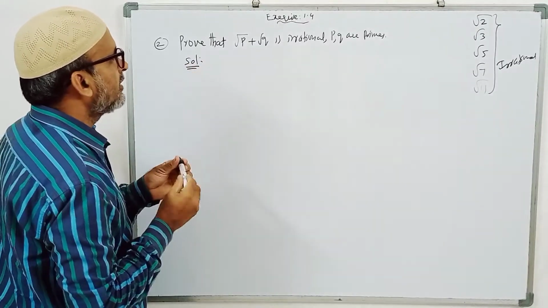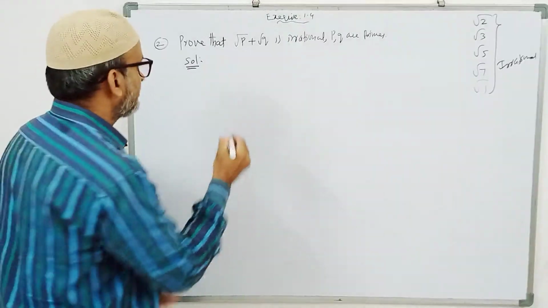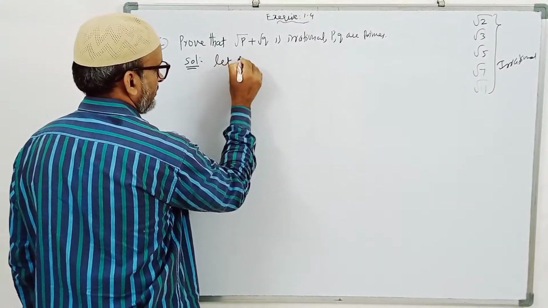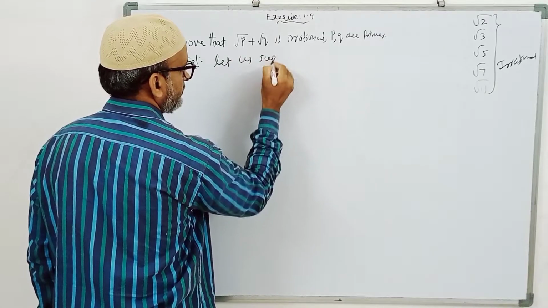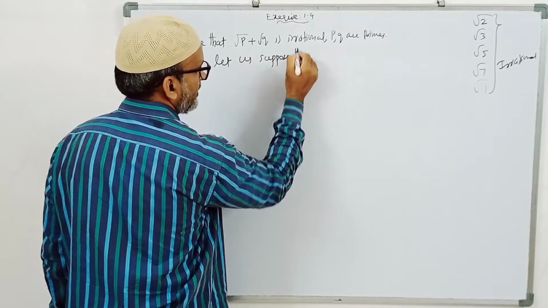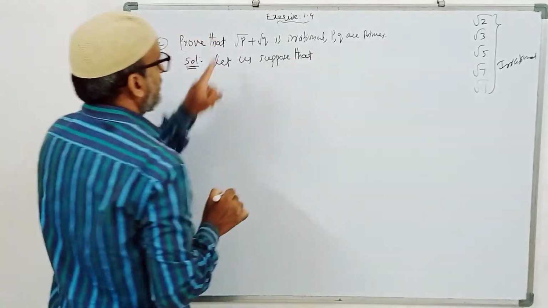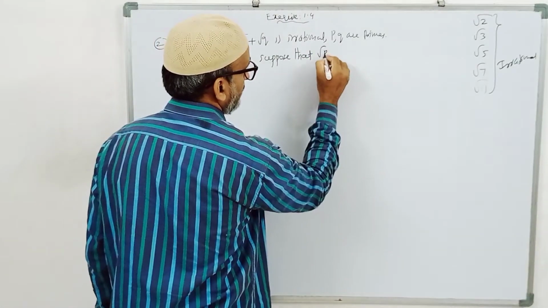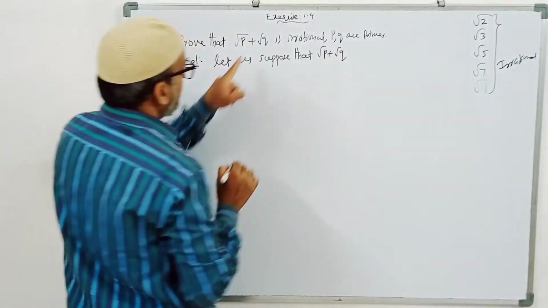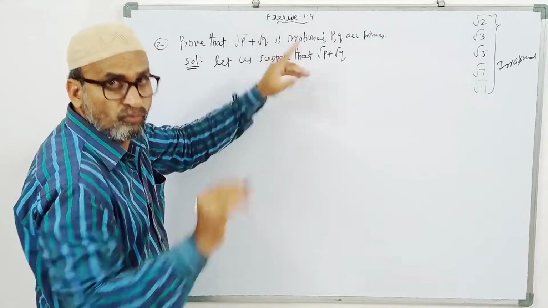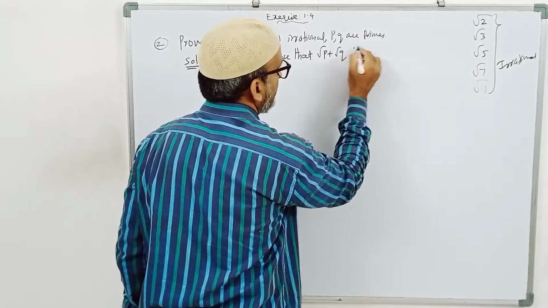Let us suppose that root P plus root Q is irrational, which is what we are asked to prove. We will take the opposite of that, that it is rational.